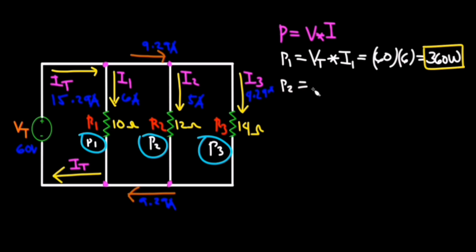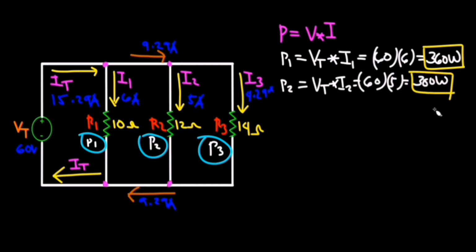For P2, 60 times 5. And this is 300 watts. For P3, 60 times 4.29. The result is 257.4 watts.